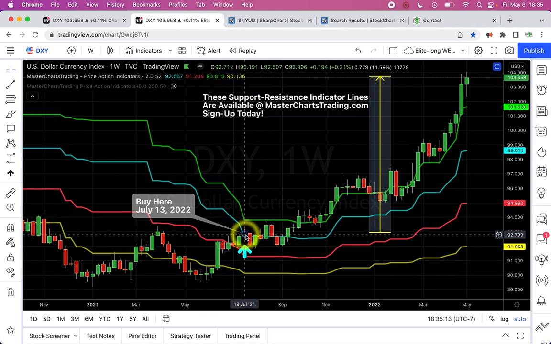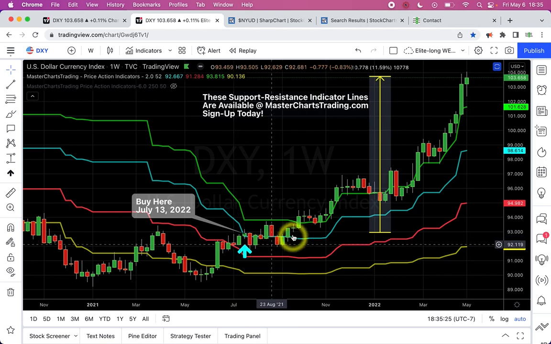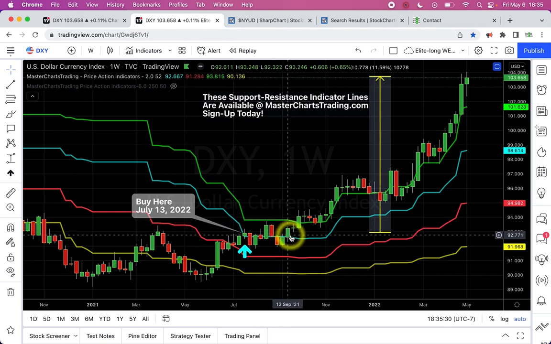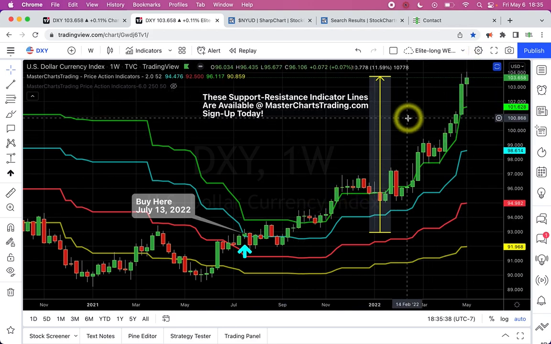Once it does that, that means we've switched into a different trend, an uptrend in this case. From July of 2021 on, we say, okay, this is it, we need to be buying. And the great opportunities to buy were right around the blue line, maybe as far back as September of 2021. And notice this huge run for the dollar.